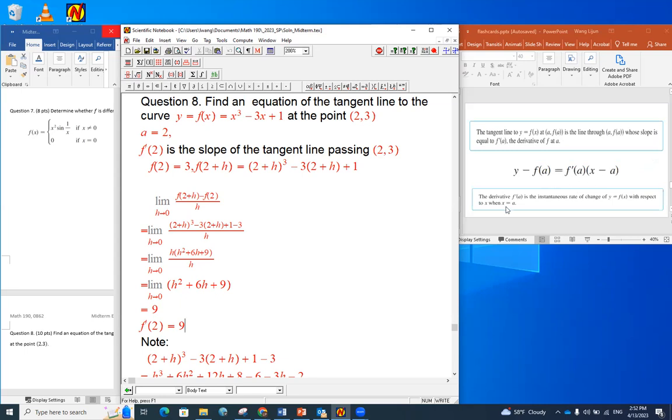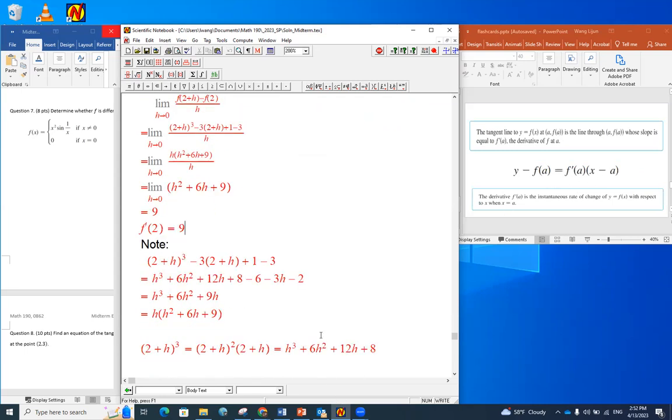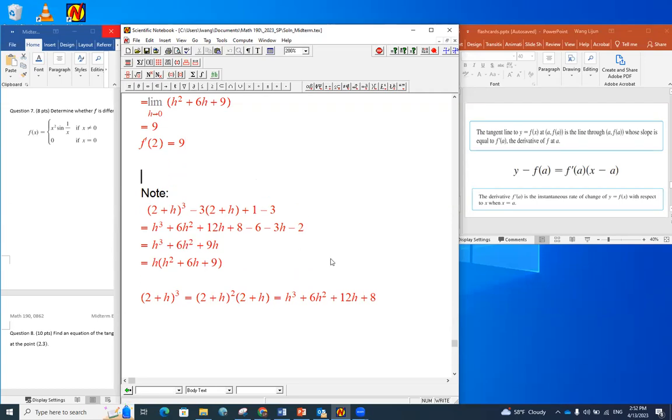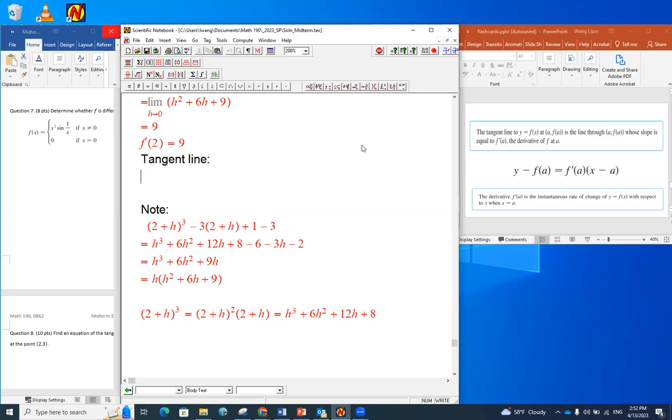And then we can use this, you know, the tangent line, right? So that's going to be y minus 3. The point is 2 comma 3, right? So y minus 3 equals the slope, which is 9, multiplied by x minus 2.